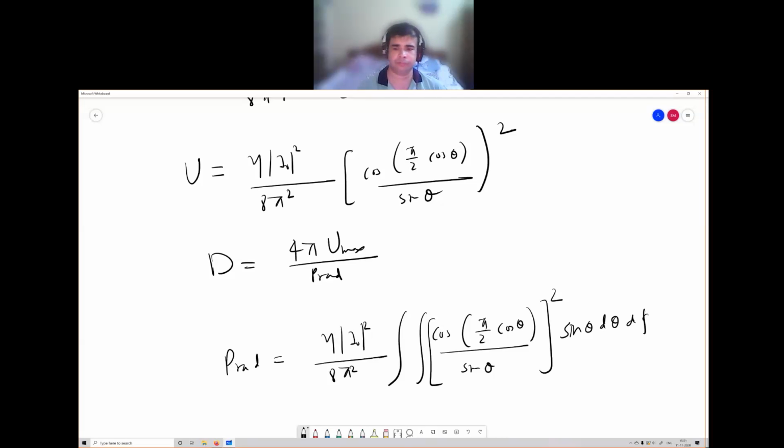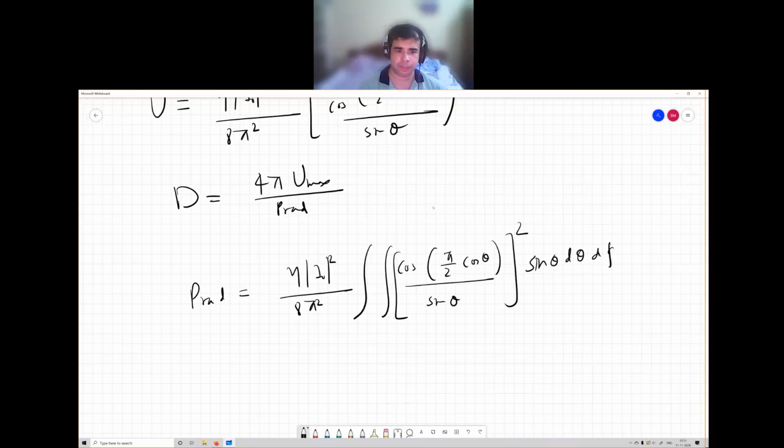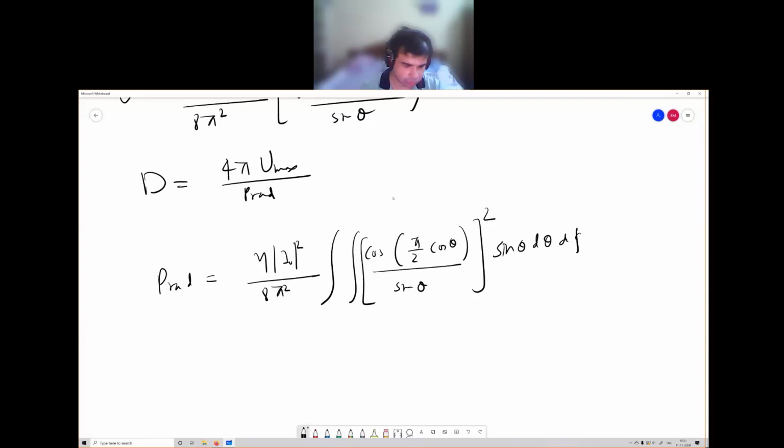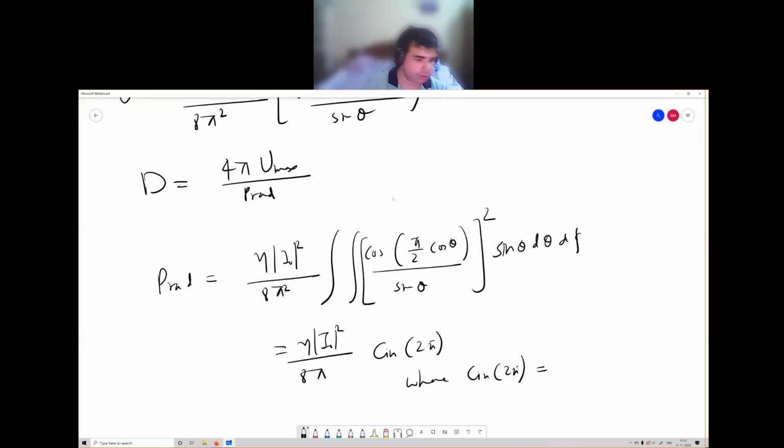This integral has a value I0 square by 8 pi Cin(2 pi), where Cin(2 pi) is equal to 2.435.